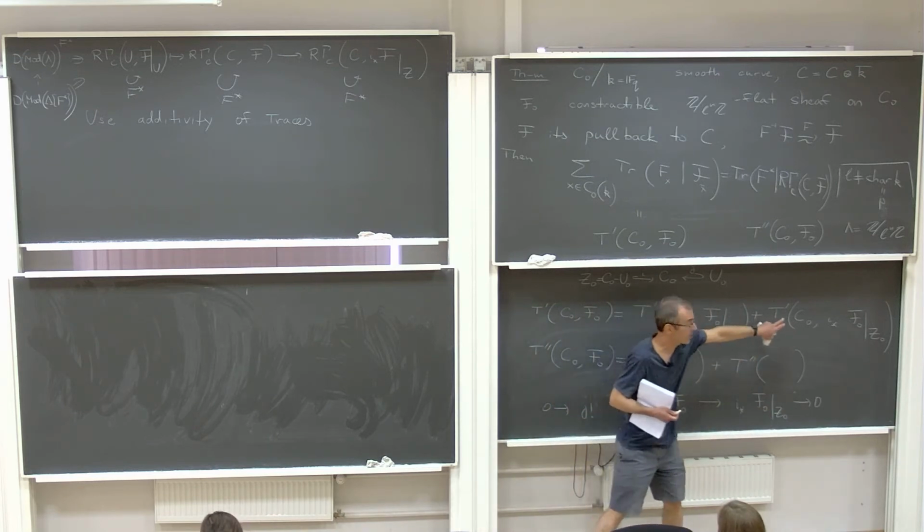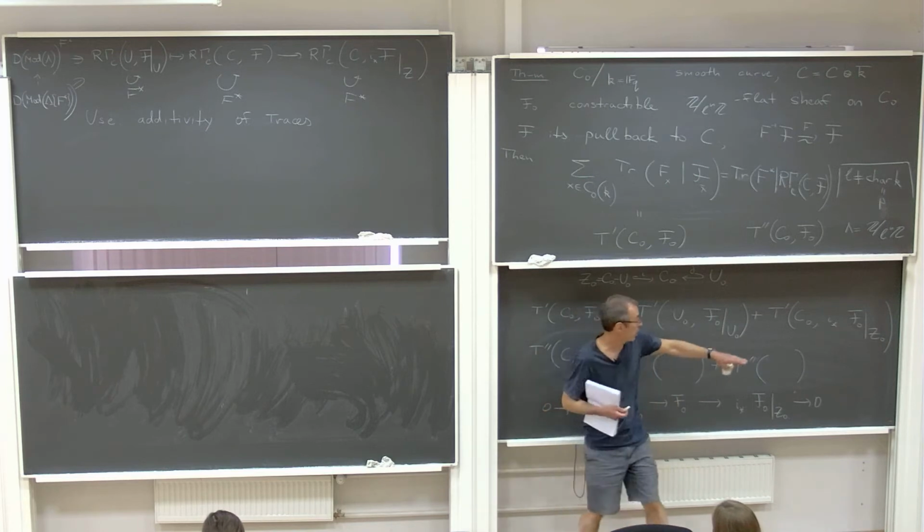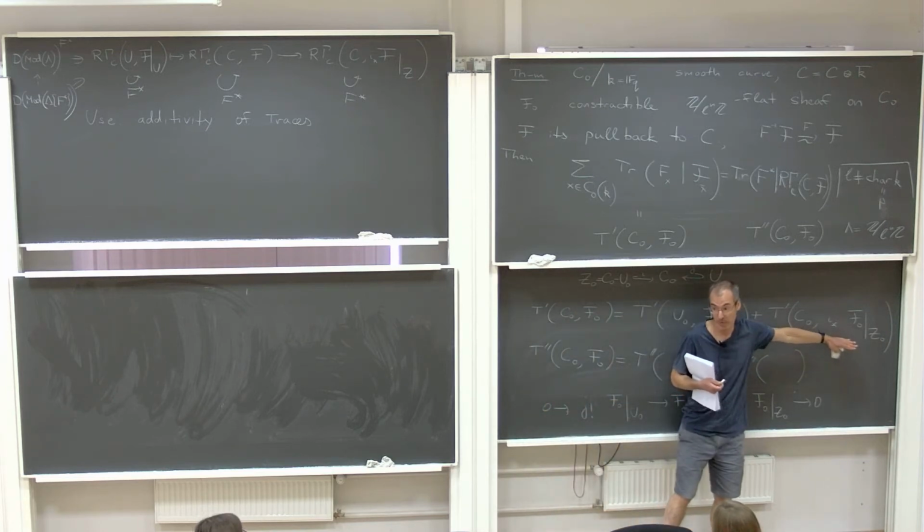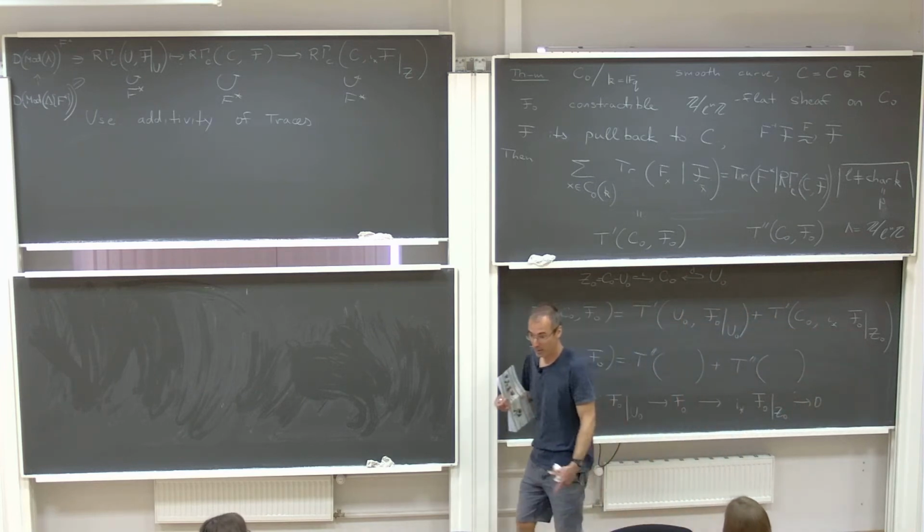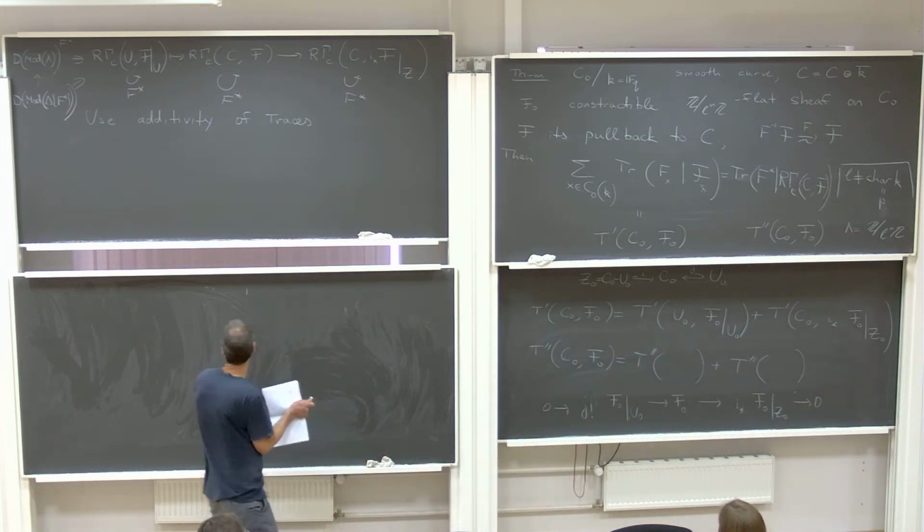Let's first prove that this is equal to this. So what is special about these constructible sheaves? That their support is zero-dimensional. They are supported in C0, which is a finite collection of points.